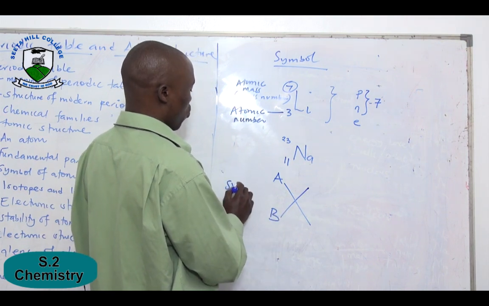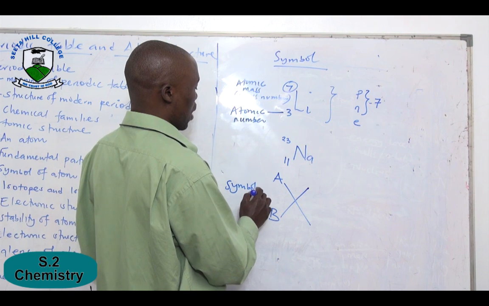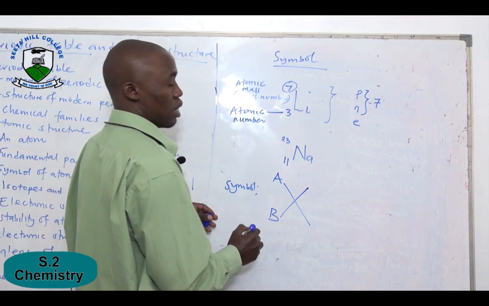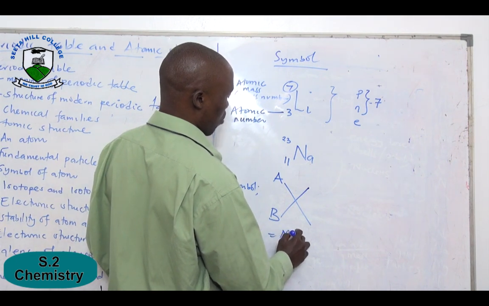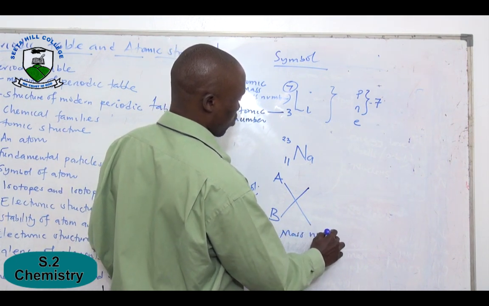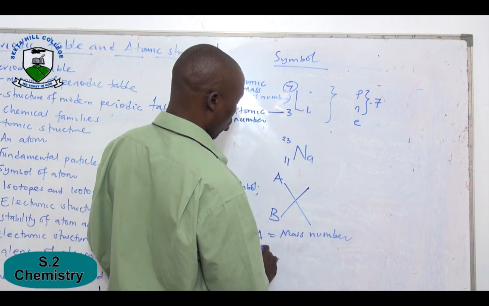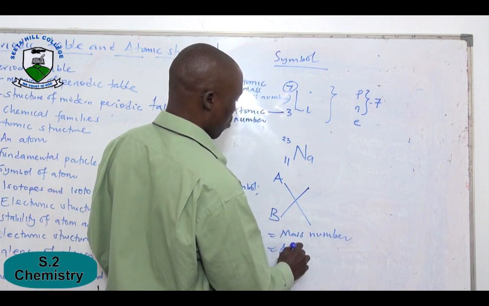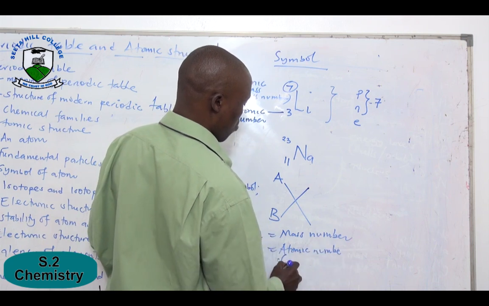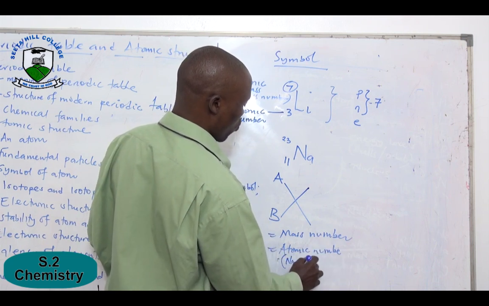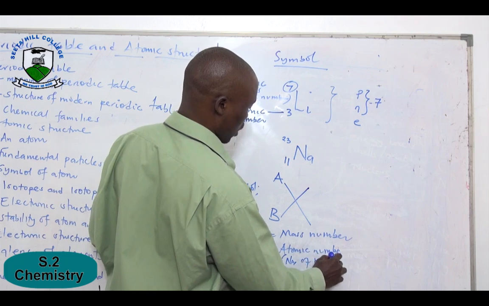The general symbol of any atom is a number up and a number down, in which A is called the mass number and B is called the atomic number. And the atomic number is simply the number of protons.